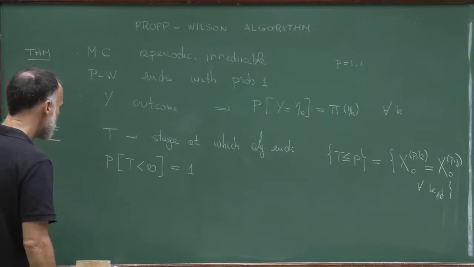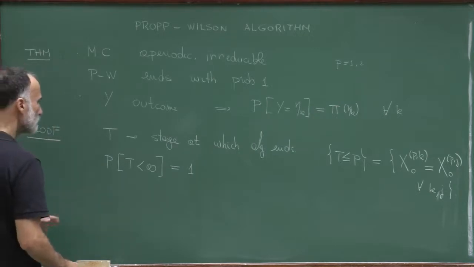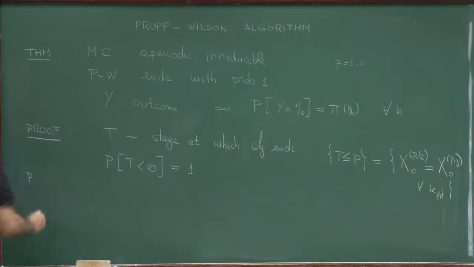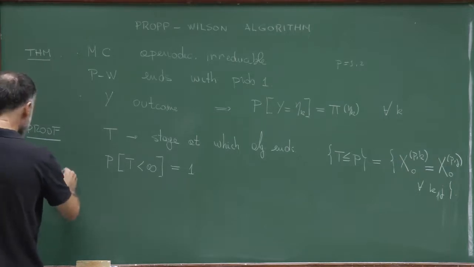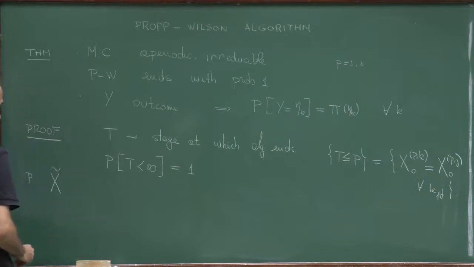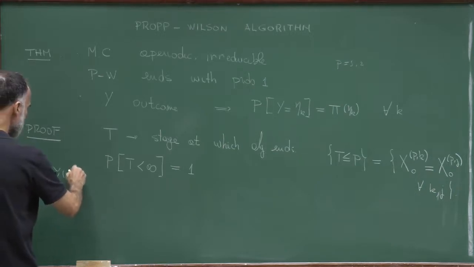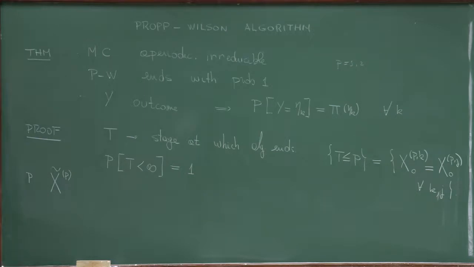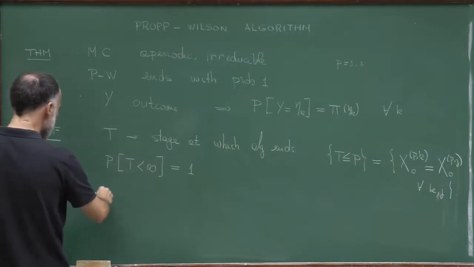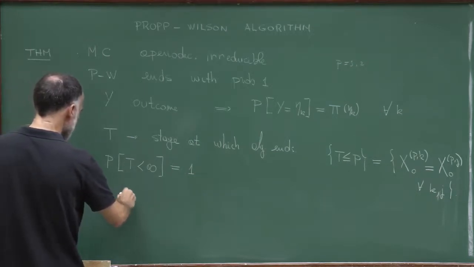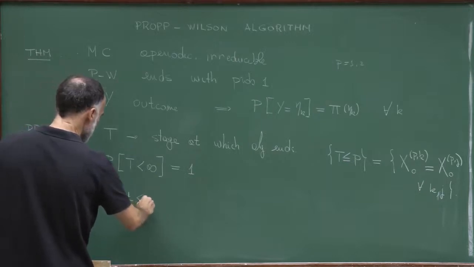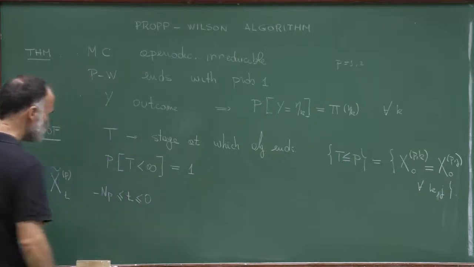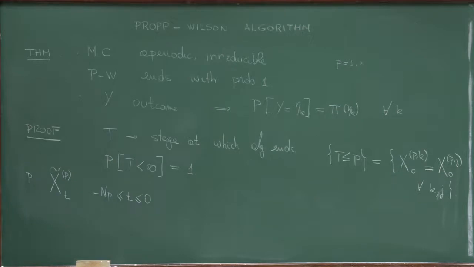Fine. And now what I will do is, for each p, I'll construct a new chain. And this chain, which will be represented by x tilde p, is a Markov chain which runs from minus n_p up to time 0. And how is it defined?